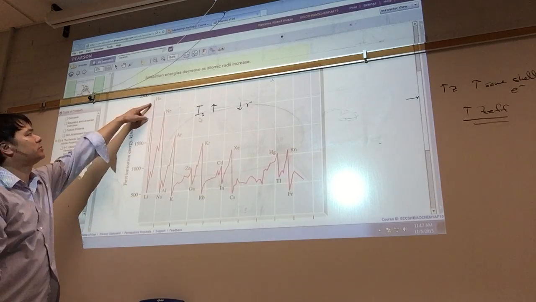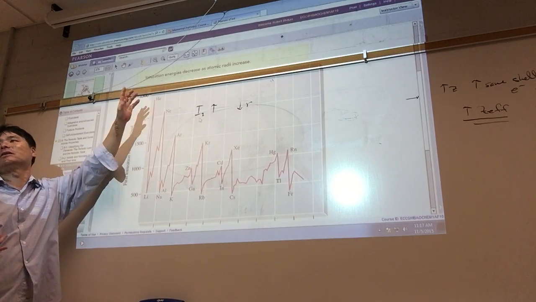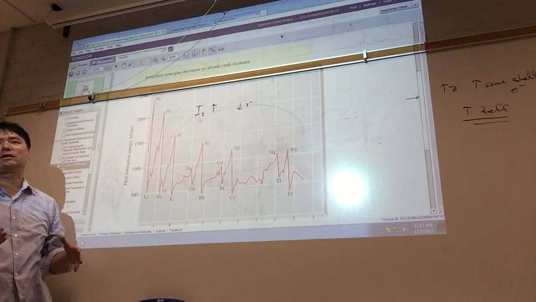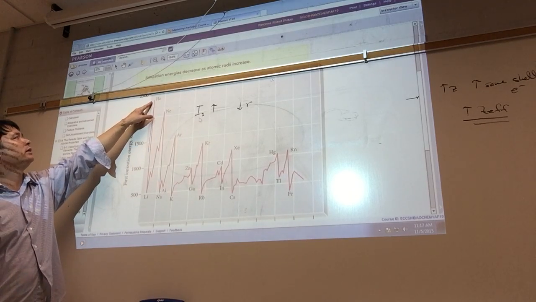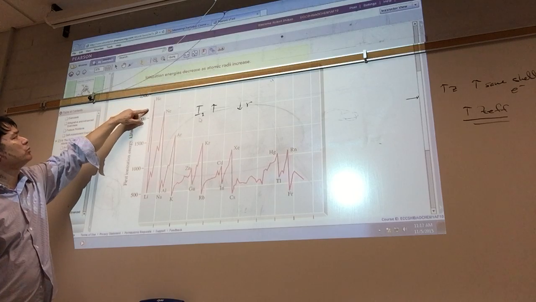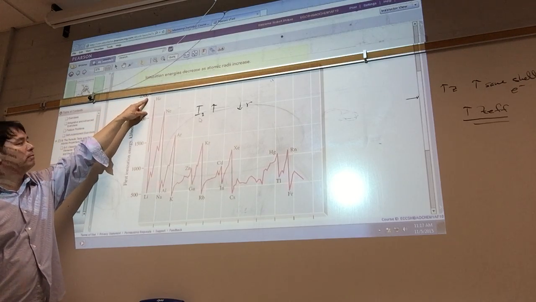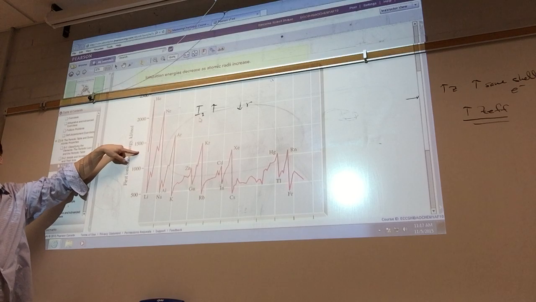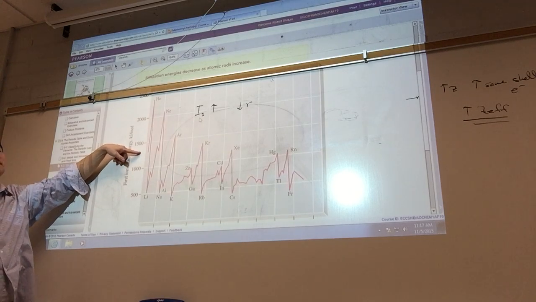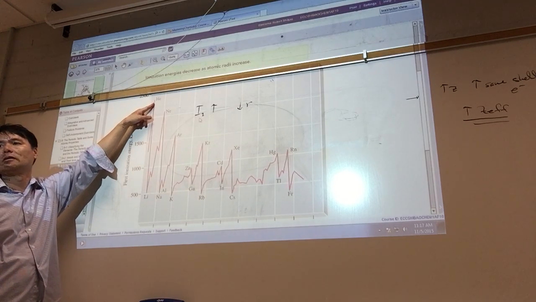So helium's the smallest. This is going to be the hardest to ionize. It makes sense because it's going to have the highest Z effective. And so this is going to be the hardest to ionize at almost 2,500 kilojoules per mole to ionize. Hydrogen's ionization energy was about 1,300 kilojoules per mole. Helium's is much higher.